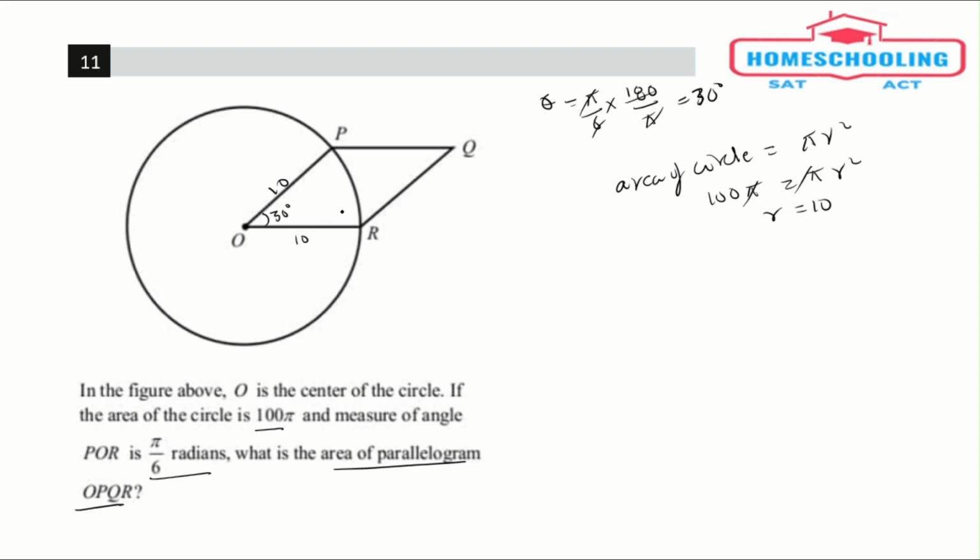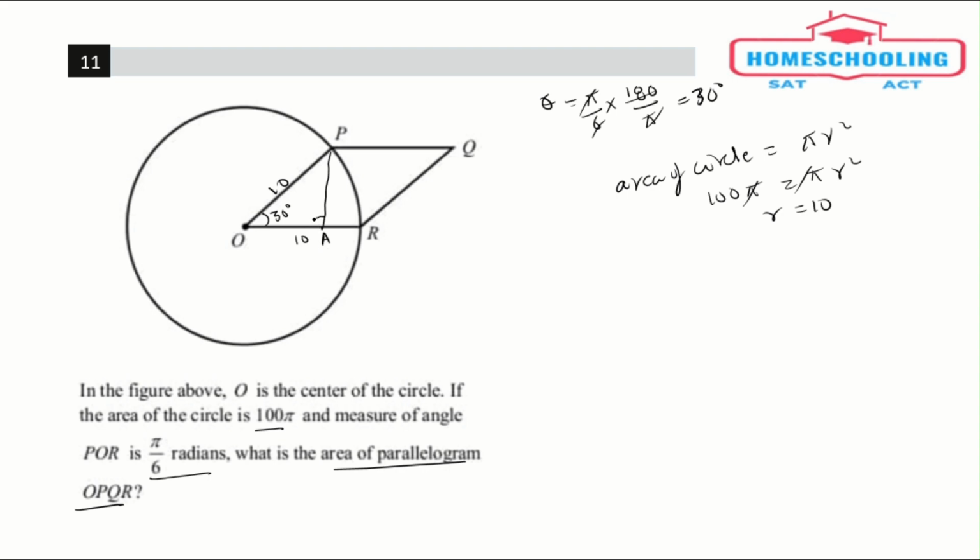Now what are we going to do to find the area of the parallelogram? Let's draw a line from here to here, because the area of a parallelogram is height into base. We already know the base, so we need to find the height. Let's call it PA.